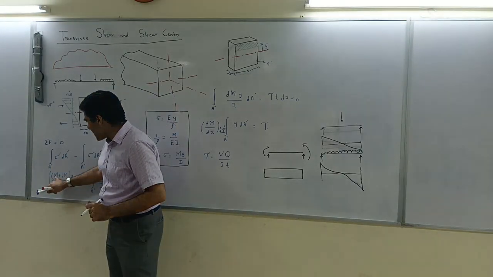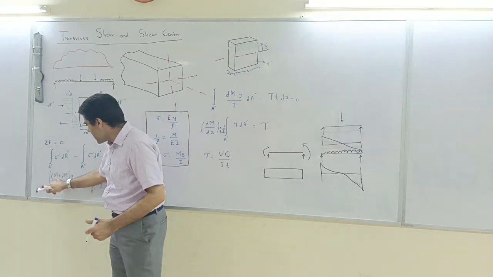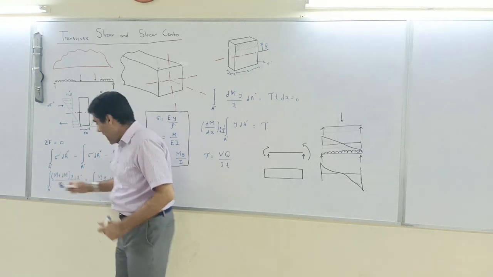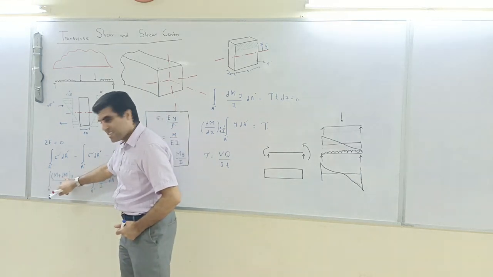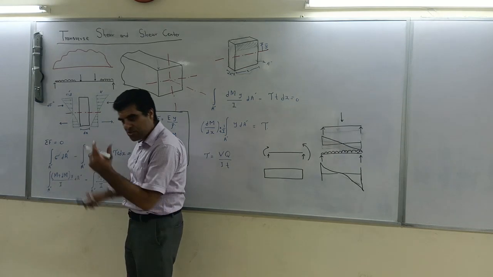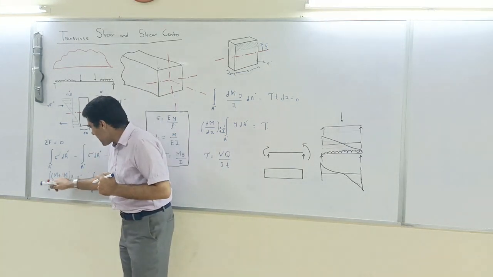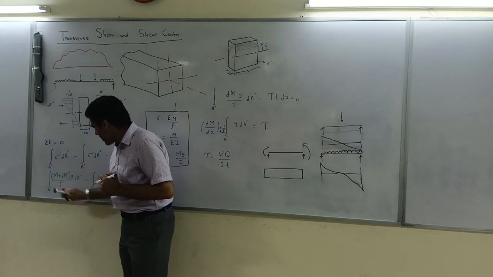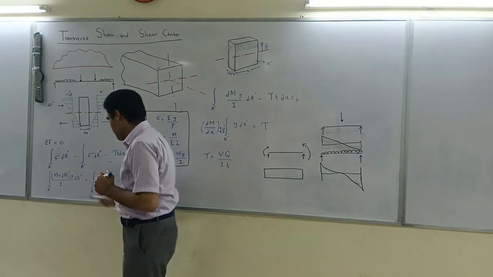Imagine that the moment at this point is bigger, just an assumption, so this is M plus dM, and this point is just M. Why am I calling it the differential moment M plus dM? Because these are a small infinitesimal distance dx apart. So M plus dM times y over I into dA prime.